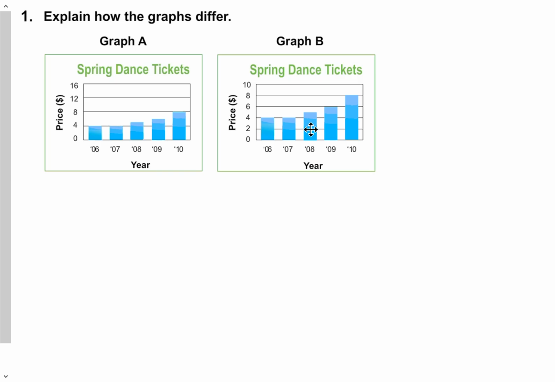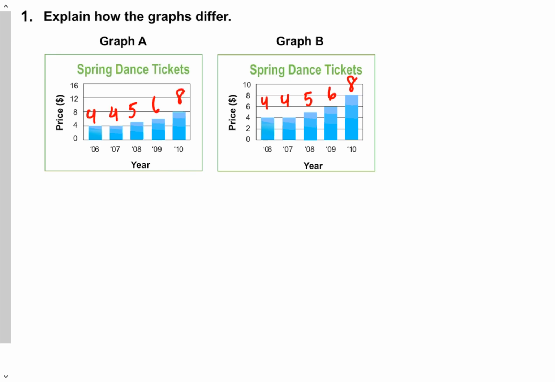But if you look at the data itself, you'll find out that they're the same. In 06 it's 4, 07 is 4, 08's about 5, 09 is about 6, and 10 is about 8. And the same thing happens for graph B. So the question is, why does this look different than this graph over here?